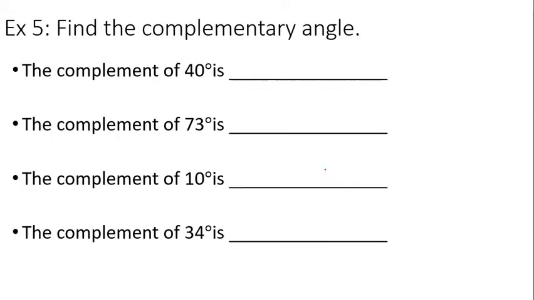So next example, find the complementary angle. The complement of 40 is 50 degrees, because again, 40 plus 50 equals 90. The complement of 73 degrees is 17 degrees, because 73 plus 17 equals 90 degrees.